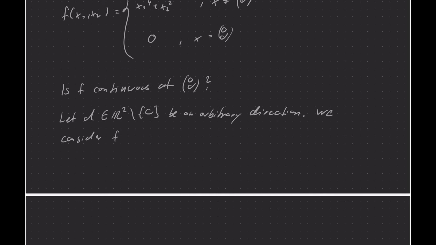We consider f_d, R to R. f_d of lambda is defined as f of 0 plus lambda d. So, well, 0 plus lambda d, that simply means we have lambda d1 and lambda d2, if d is the vector d1, d2.